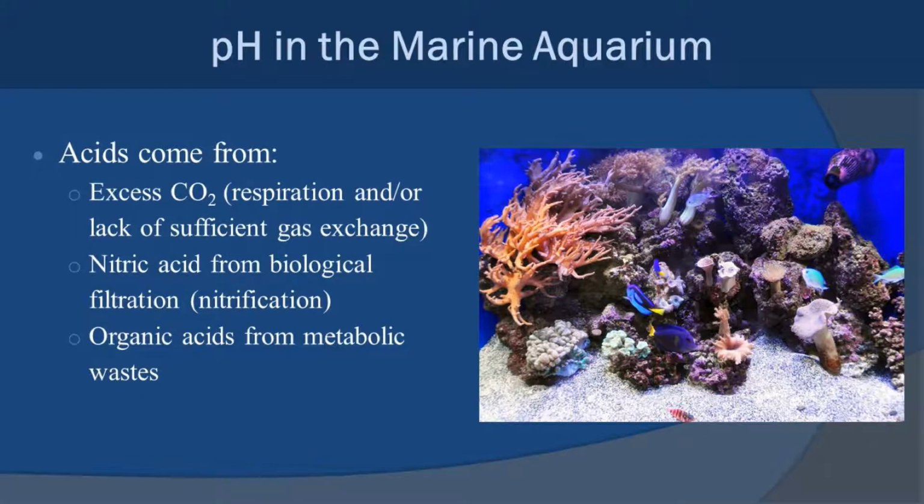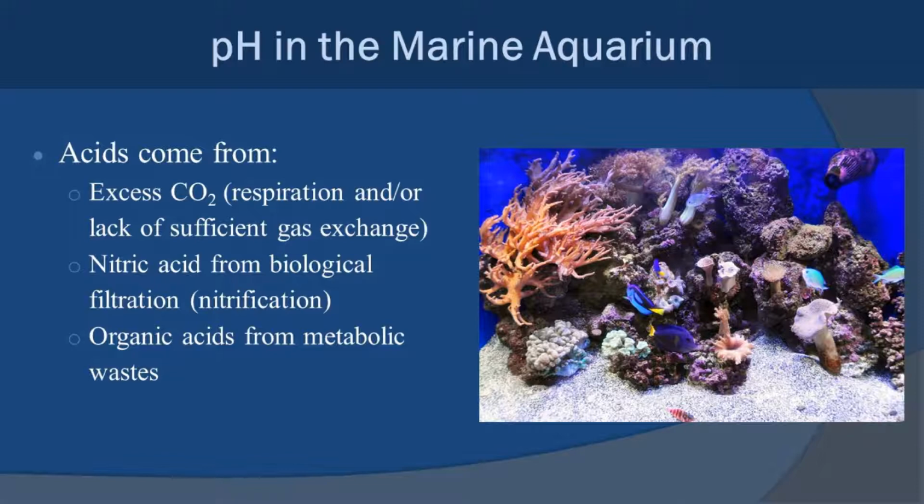So why does the pH decrease over time? Well, mainly it's because acids build up. Remember, acids release hydrogen ions and thus increase the acidity, decreasing the pH. Well, first of all, excess CO2 will do that. So if you have a lot of respiration going on, that can cause a change in the balance and decrease your pH.